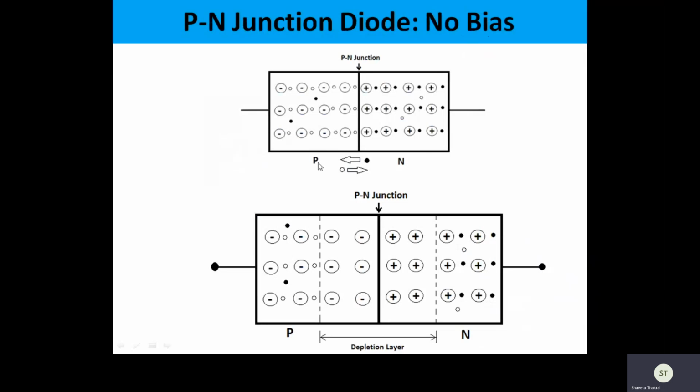So in the p-type, holes have a high concentration, whereas in the n-type, holes have a low concentration. Similarly, in the n-type, there is a high concentration of electrons, and in the p-type, a low concentration of electrons. So automatically the diffusion process will initiate.